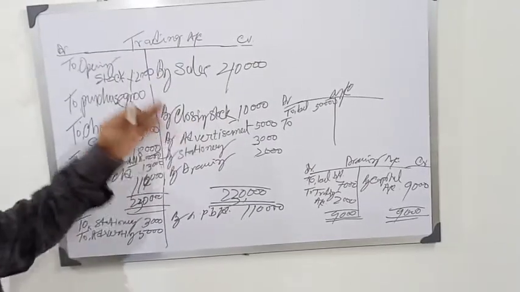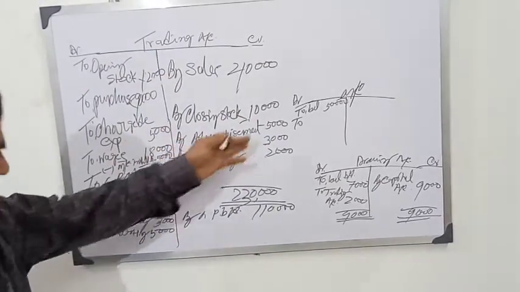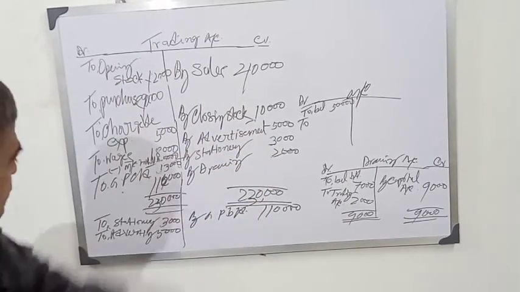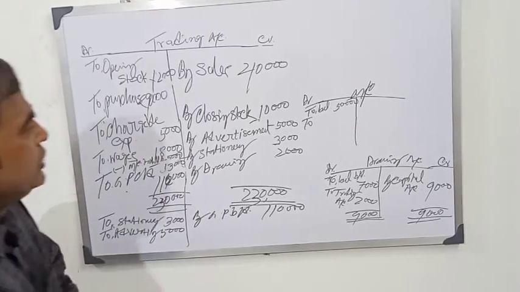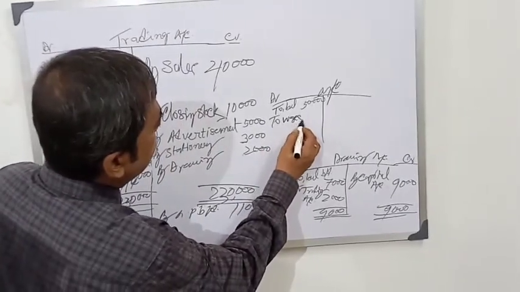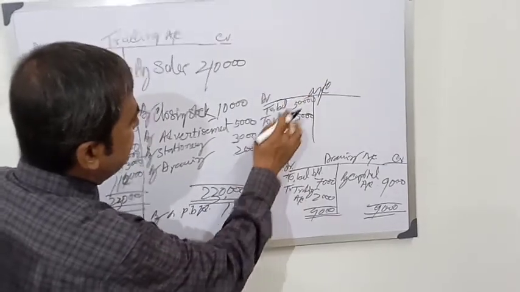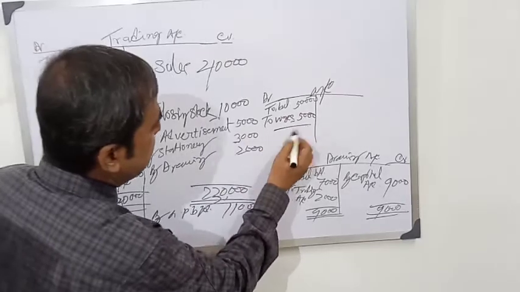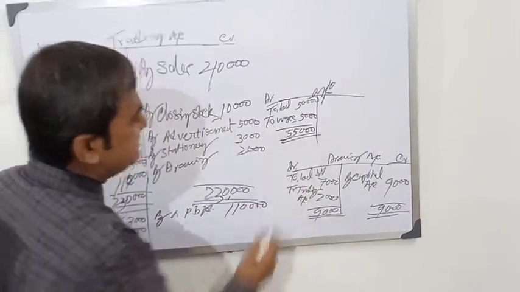Like apart from closing stock, stock used for free samples, stock used for stationery, stock used for personal drawing, wages including machinery installation. So the journal entry is to wages 5,000. That means machinery account debit to wages account. So machinery cost becomes 5,000 more. That is the cost concept.